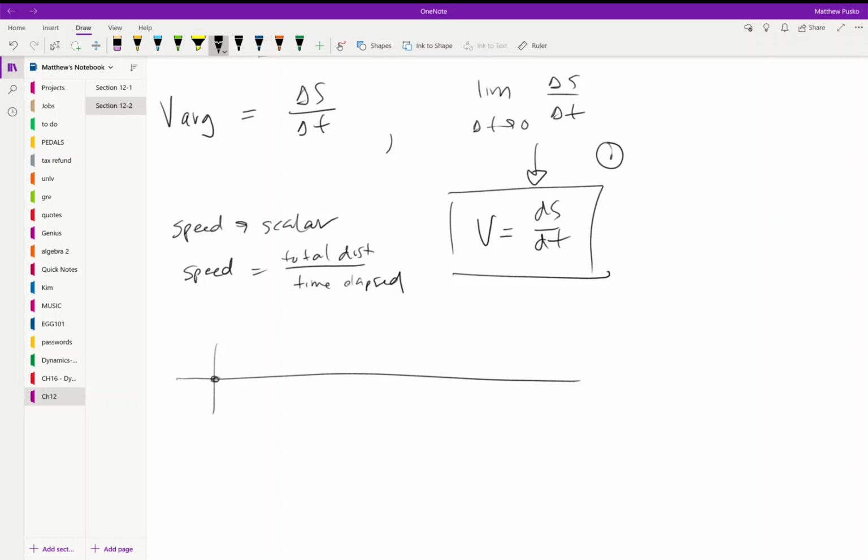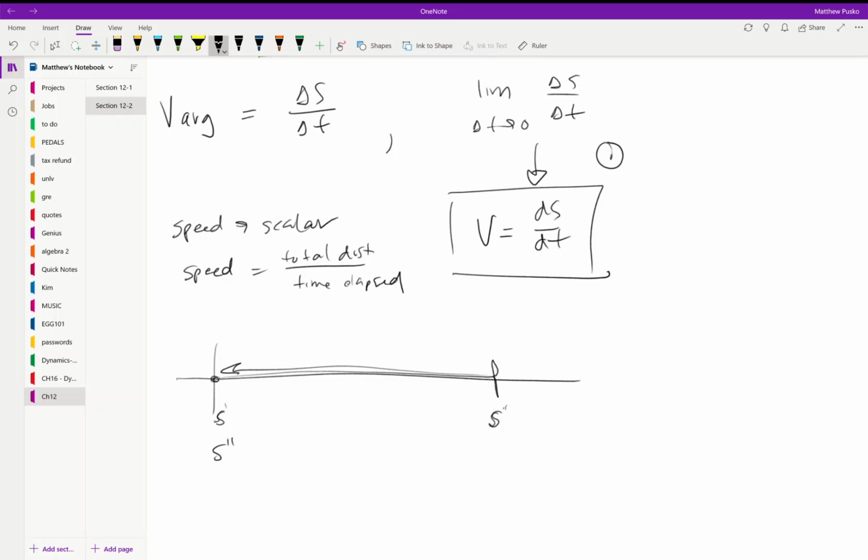I looked at the average velocity of something that came out to here and came all the way back, this being s and this being s coming out here to some s prime and back here to some s double prime.